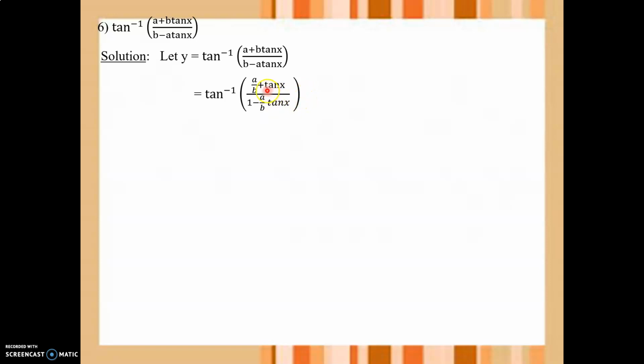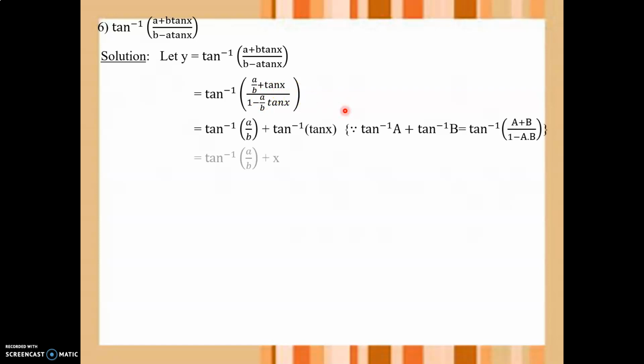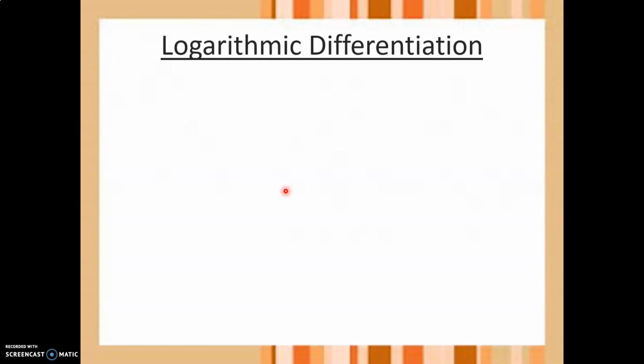This is tan inverse of a upon b plus tan inverse of tan x, by the same formula we are applying here. So tan inverse of a upon b plus tan inverse of tan x is x. So in the next step, differentiating with respect to x, you will get the first term as 0 and the derivative of x is 1.